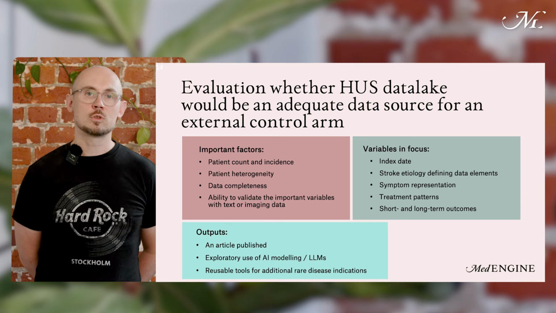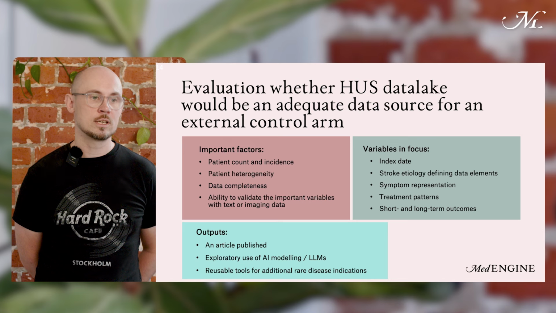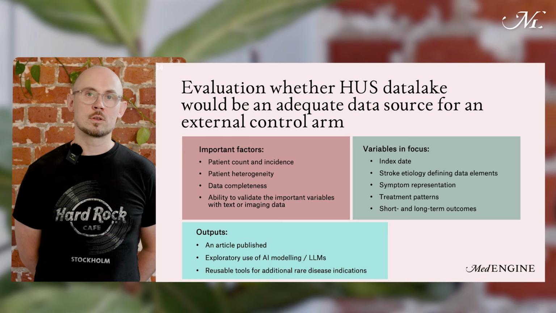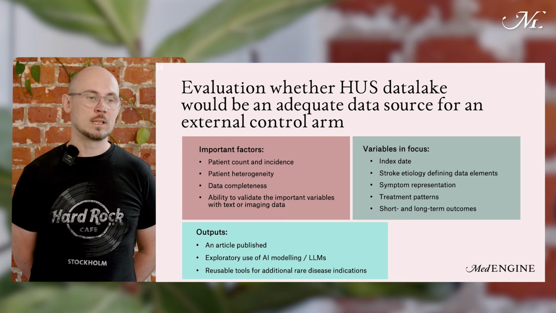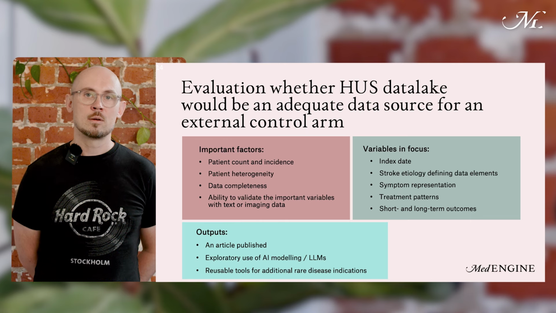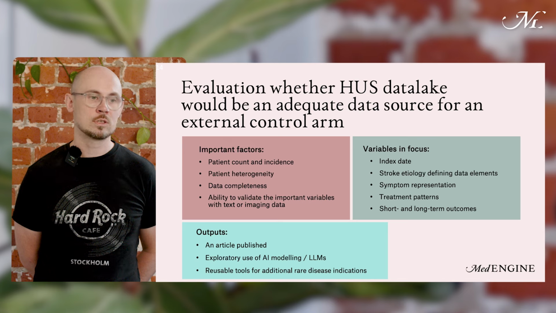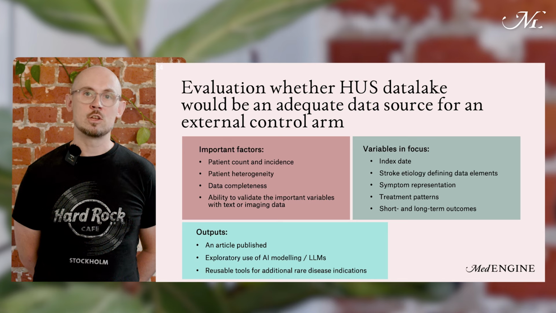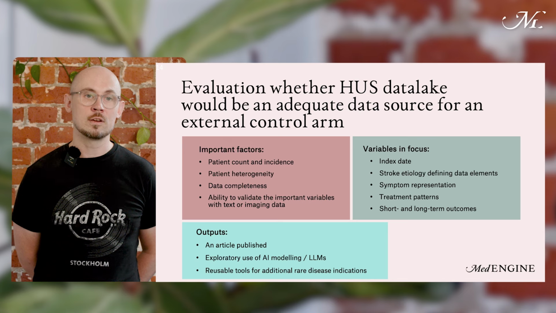As for outputs, we are currently underway of publishing an article about the process. We also worked on implementing AI models for a more efficient way of using narrative text to do these specifications. And we also want to create reusable tools so that we could do these things better in the HUS environment and the Finnish data ecosystem.